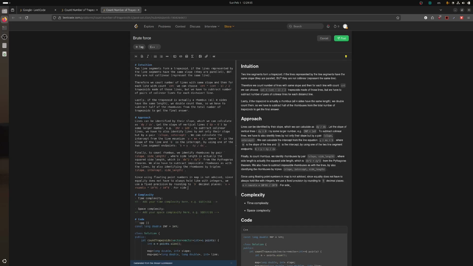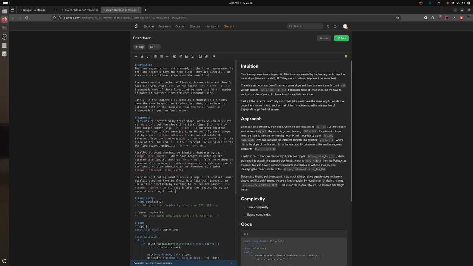This is also the reason why we use squared side length instead of the real side length.